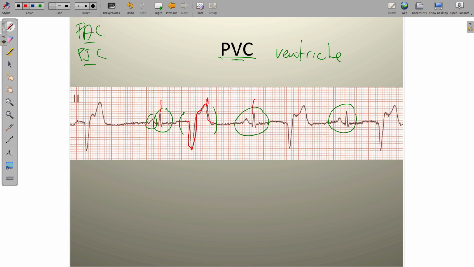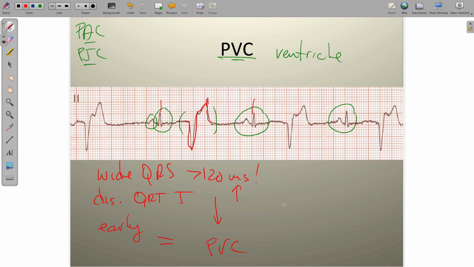So PVCs: wide QRS, greater than 120 milliseconds. Discordance between QRS and T, meaning that the QRS is negatively reflected and the T wave is upright. They come early in the sequence. All these things are characteristic findings of PVCs, premature ventricular complexes.